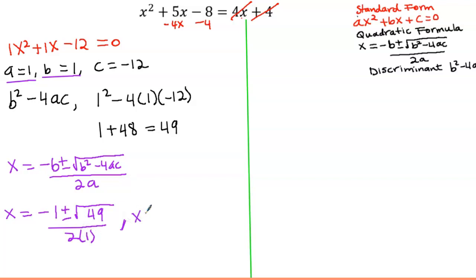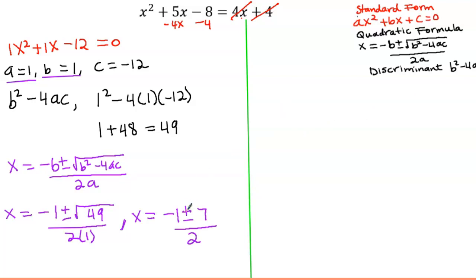So here x is equal to negative 1 plus or minus square root of 49, which is 7. So make sure you also know your perfect squares when you're dealing with this quadratic formula. Okay, since here we got a perfect square, the process is becoming really simple.